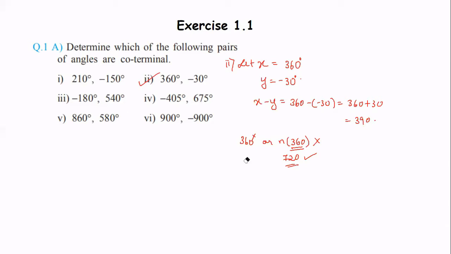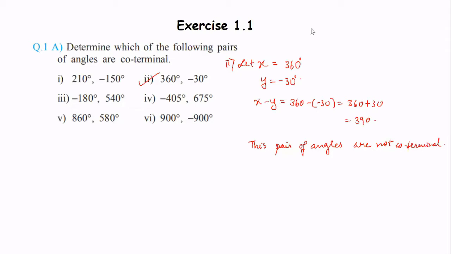We are getting 390, which is neither 360 nor a multiple of 360, and that's why we can say that this pair of angles are not coterminal.